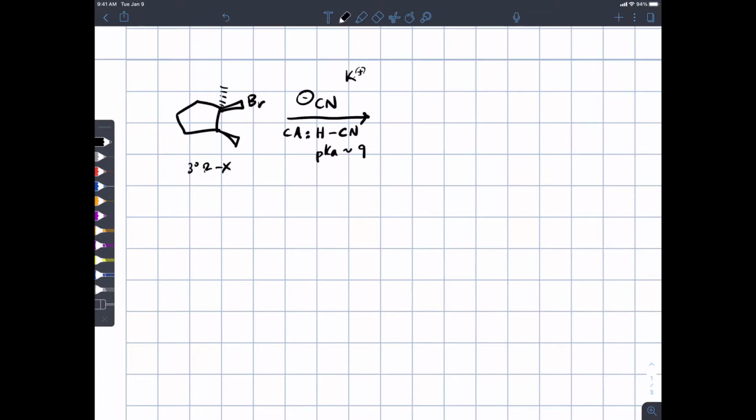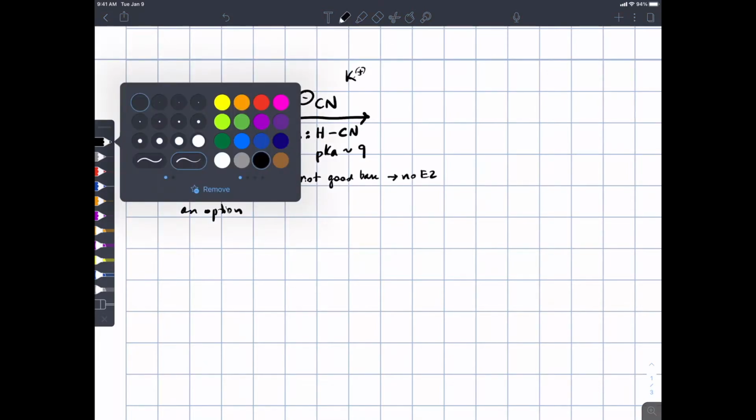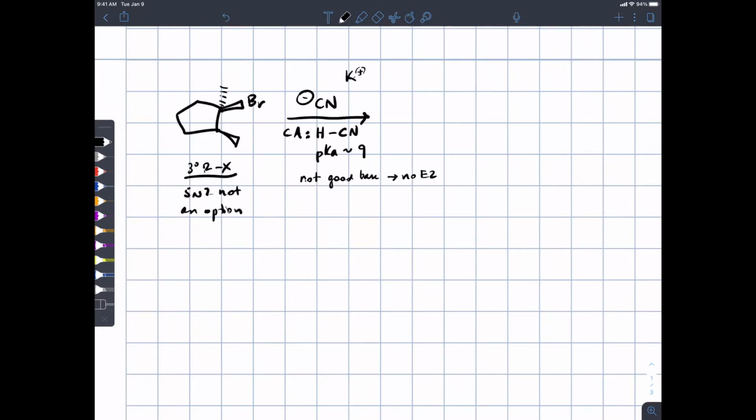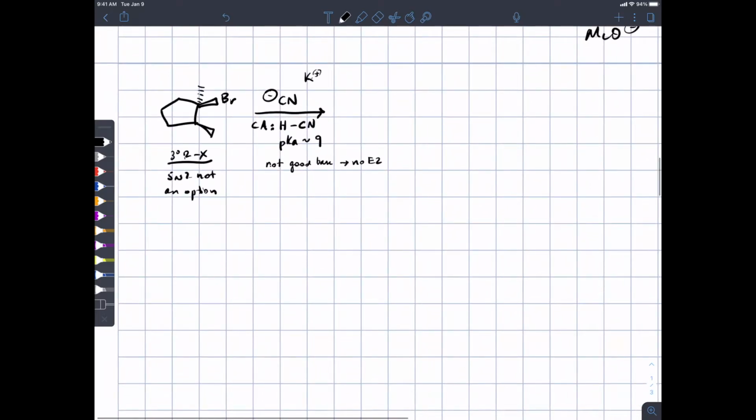Because of that, it's not going to do E2. And because this is a tertiary alkyl halide, SN2 is not an option. We might want it to be because we've got a good nucleophile, but the alkyl halide is too sterically hindered to permit that. So what's the only thing that happens?